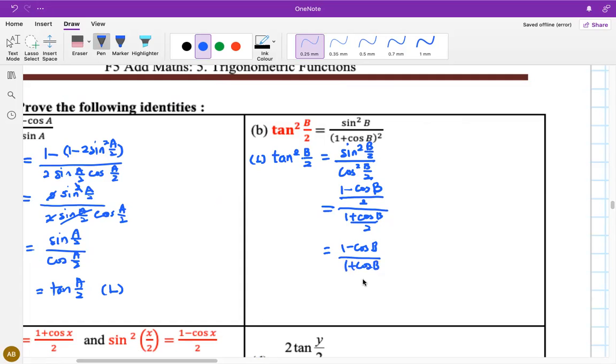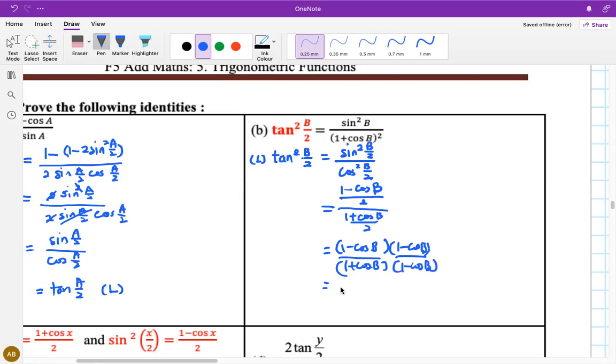So what is 1 minus cos B? Okay. So actually, all right, never mind. I just continue. Later on, you will see the difference. So here I multiply. This is another way. I multiply this one by (1 minus cos B) over (1 minus cos B).